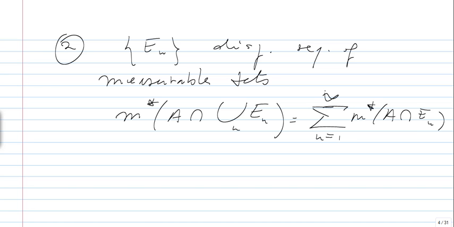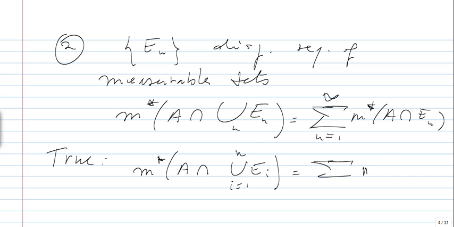Of course this property is valid if we have finitely many sets, just because the finite union is measurable. So it is known, true, that m star of A intersect the union of Ei from 1 to n is equal to the sum of m star of A intersect Ei from 1 to n.